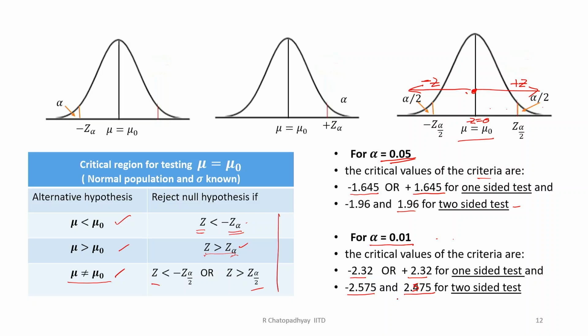So this is how we can know critical regions for mu equal to mu 0 and for normal population when sigma is known. These are stated. So what is stated here is the null hypothesis.